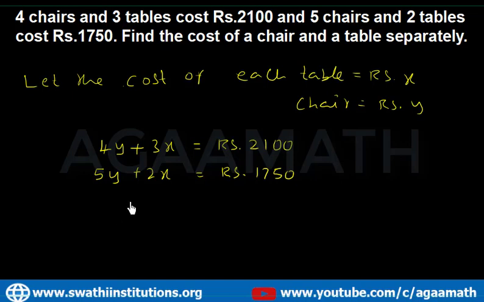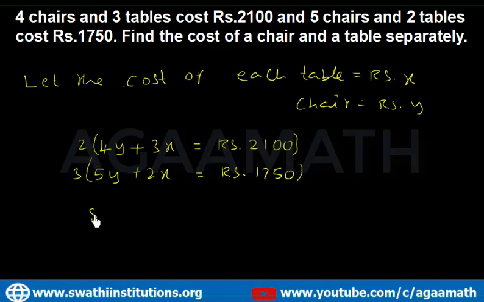I use the elimination method here to solve these two equations. I would like to make the coefficients of X equal, so I multiply the first equation by 2 and the second equation by 3.